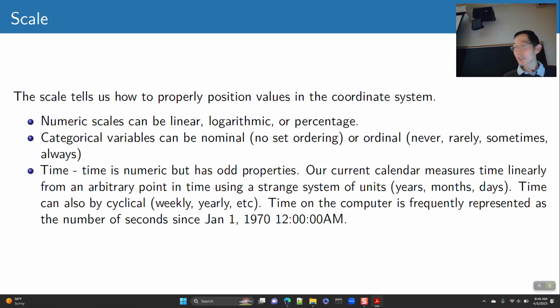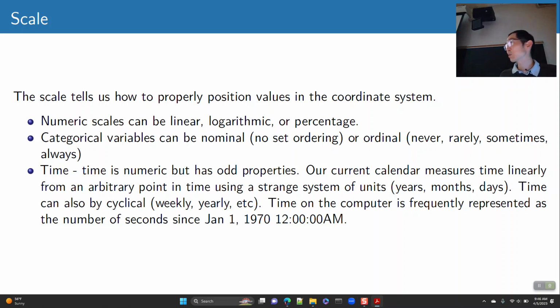There are categorical variables, and some categorical variables have no order. You think about colors, like red and orange and yellow, and those feel like there's an order there, but then, where do you put brown in the lineup? Where do you put pink? Where do you put black and white in the lineup? And now it's like, oh, okay, I'm not quite sure what order I should put these colors in. Other categorical variables do have a natural order, right?